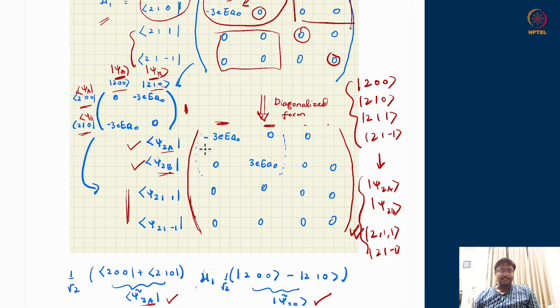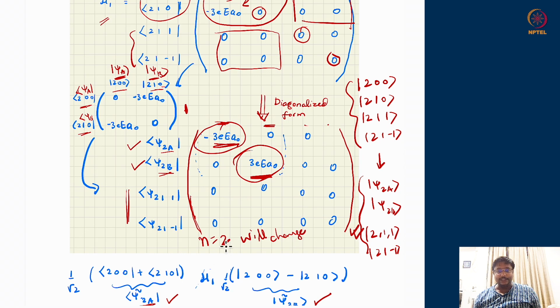The diagonal elements of the perturbation Hamiltonian therefore tell you about the first order correction. Now the perturbation theory is safe. Due to the perturbation, the energy eigenvalue for n equal to 2 will change. Previously, we had learned that for n equal to 1, it did not change.